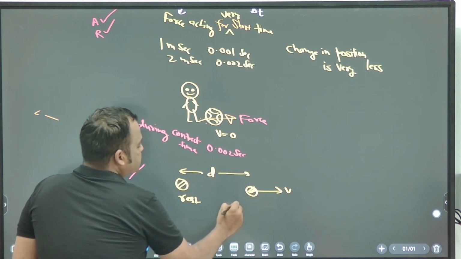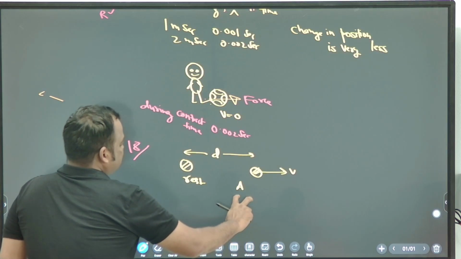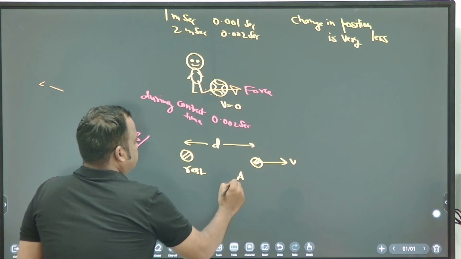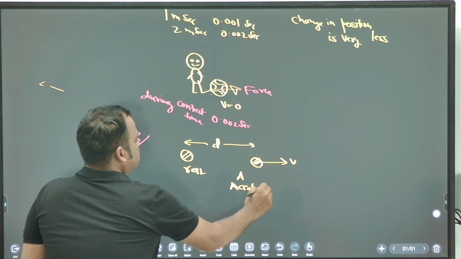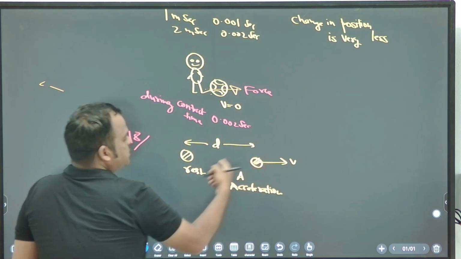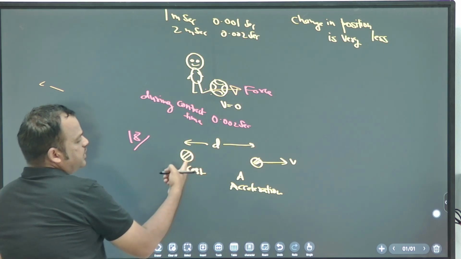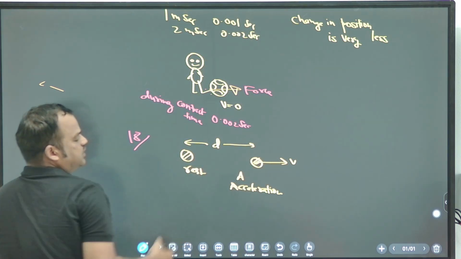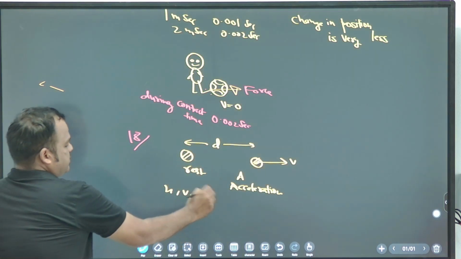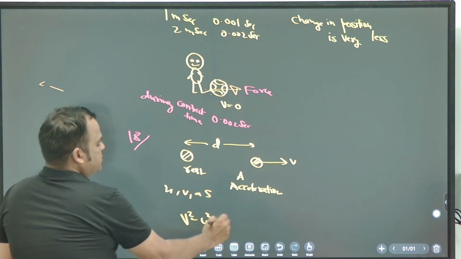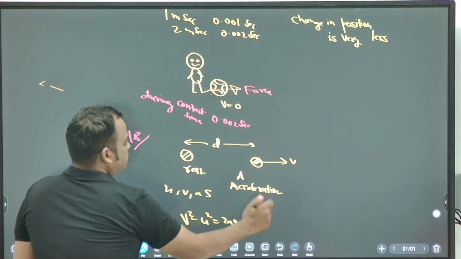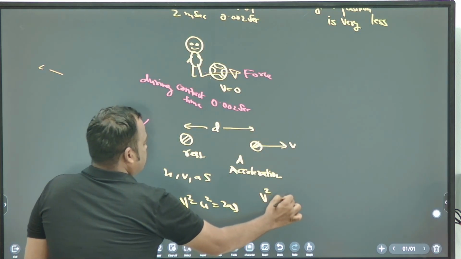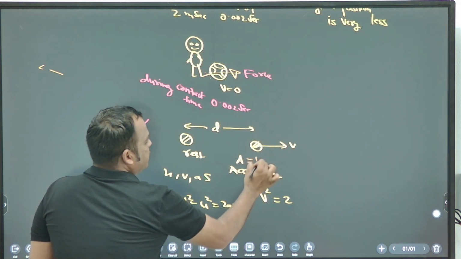So suppose acceleration is a. Which equation will you use? Displacement, initial velocity, final velocity, acceleration: u, v, a, s. Good. v square minus u square is 2as. So substituting, v square is equal to 2a d. Now a can be written as F by m.